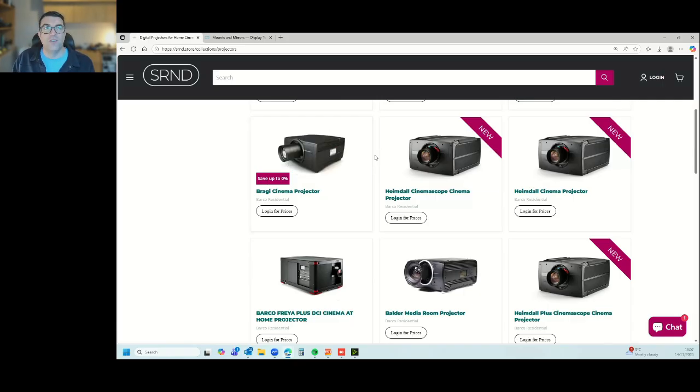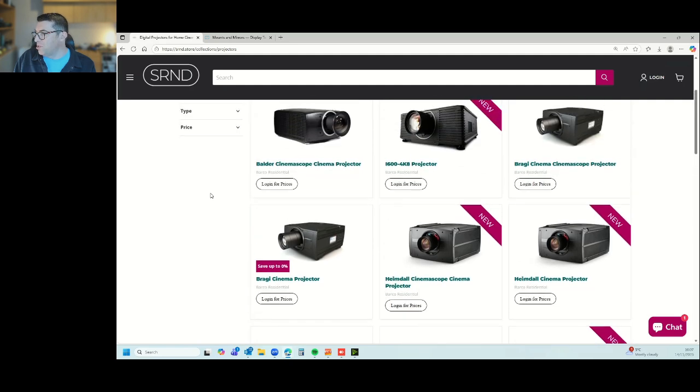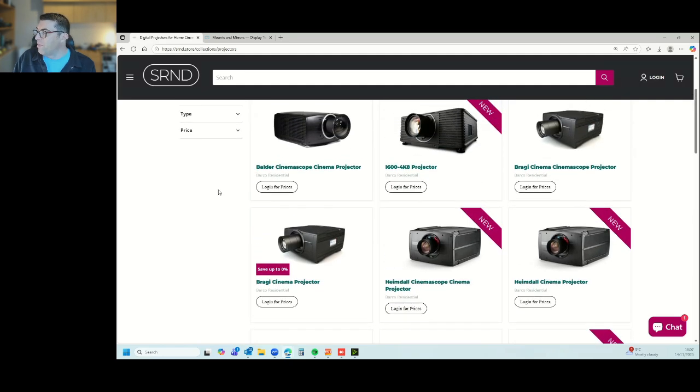And that's the reason why you'll see most companies have a range of solutions. So here we're looking at the Barco range. Now, i600 is a kind of a new model. 4K resolution, 8000 lumens. It's really designed for more media rooms than cinemas because it makes some compromises in its potential color saturation to get to that level of output.